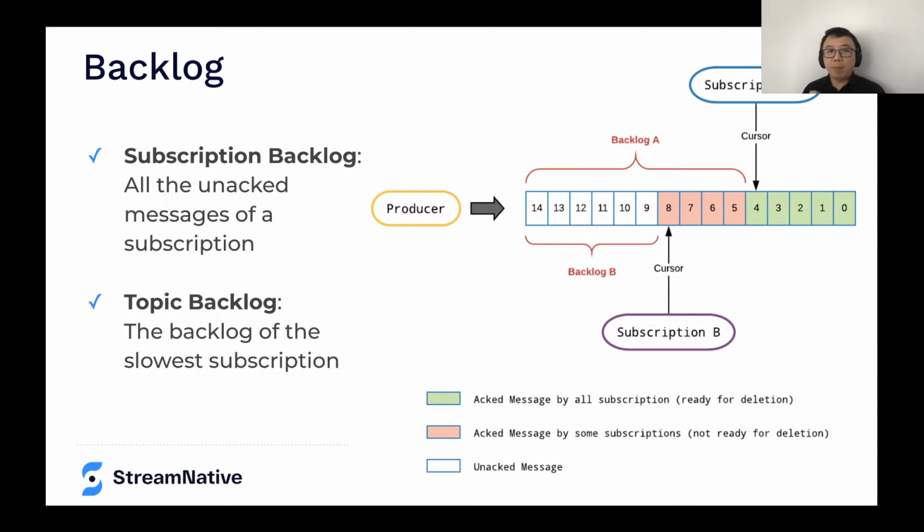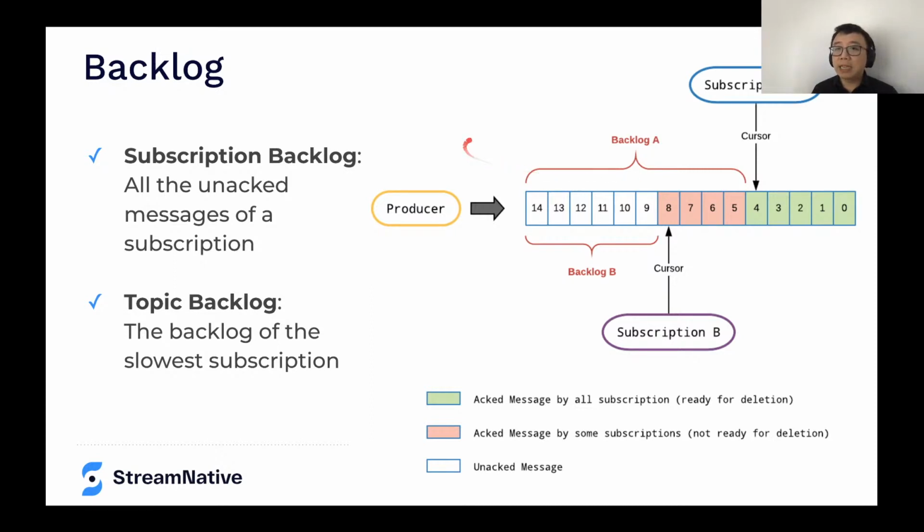The backlog is actually at two levels. One is the subscription level, and the other we sometimes also call topic backlog. The subscription backlog is the backlog of a subscription, and it contains all the unacked messages for a given subscription.